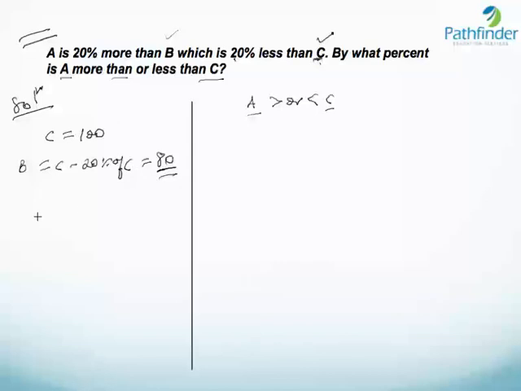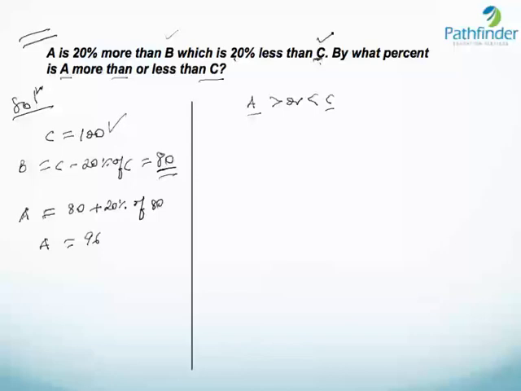Now once we get the value of B, we can also find out the value of A because A is 20% more than B. So we can write A as B, that is 80 plus 20% of 80, which means A is equal to 96.